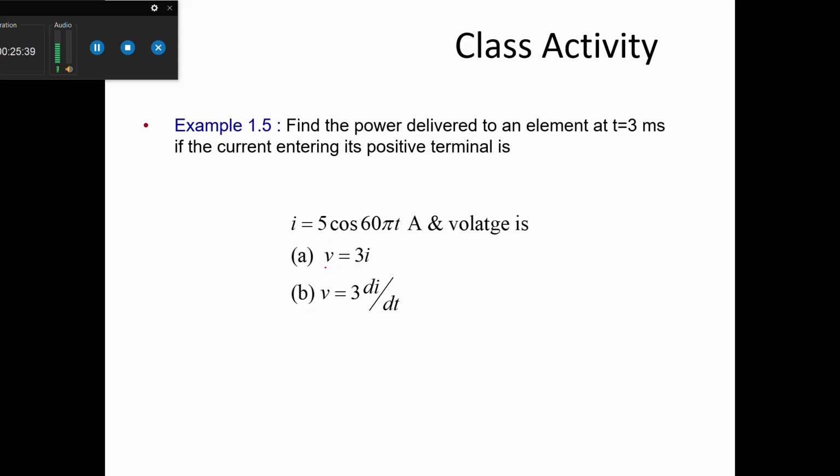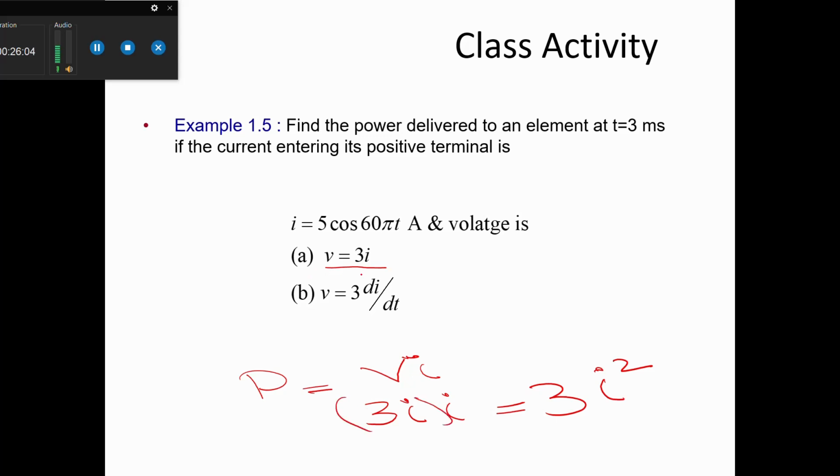If v is equal to 3i, power is equal to vi, and v is basically 3i, so the equation becomes 3i square.